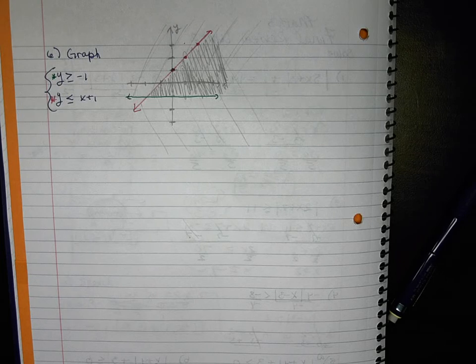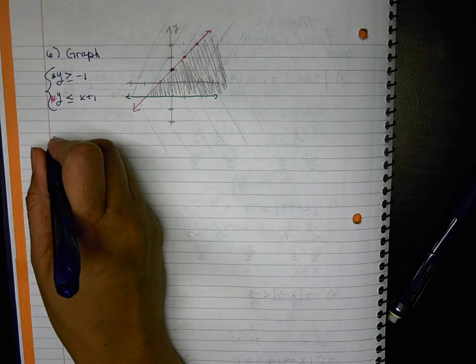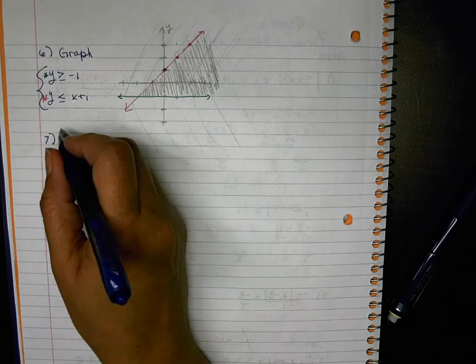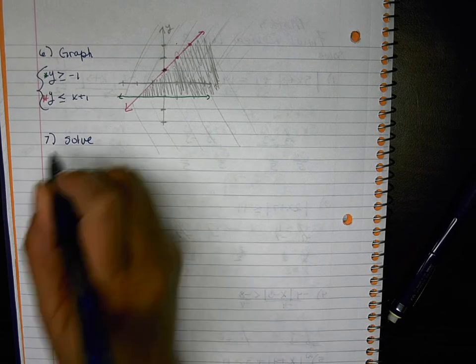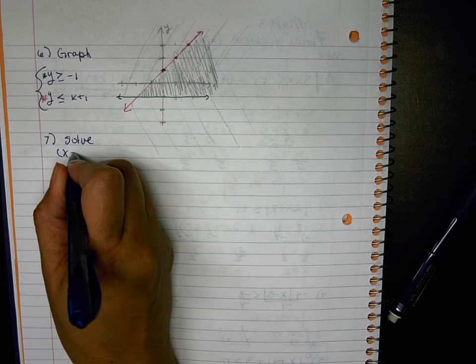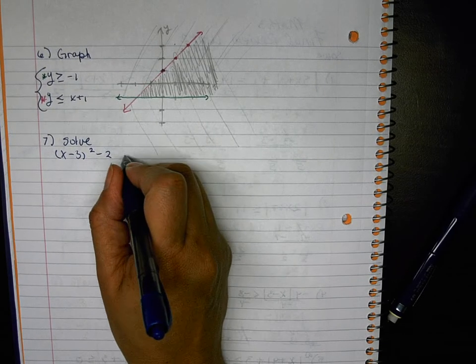Okay, number 7. Solve. The quantity of x minus 3 squared minus 2 equals 8.